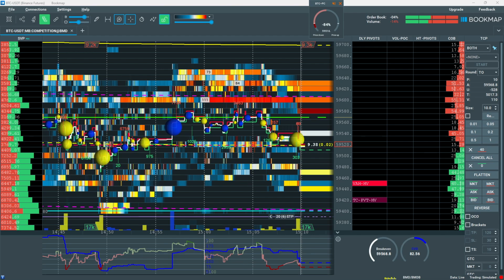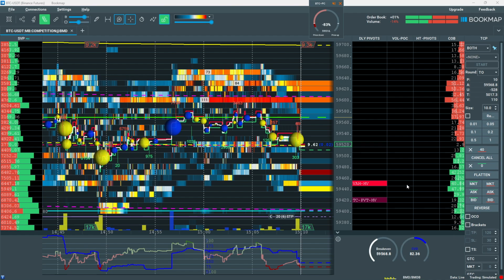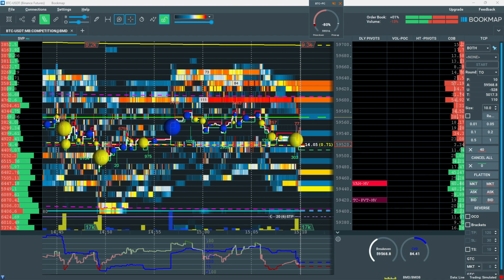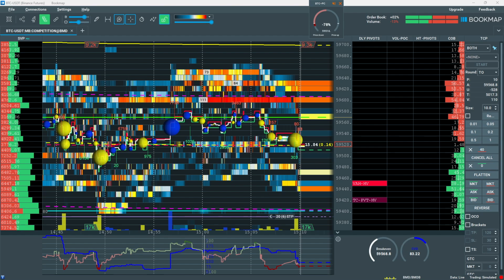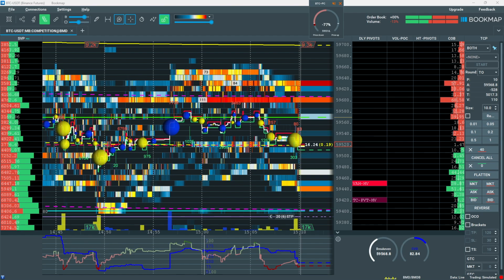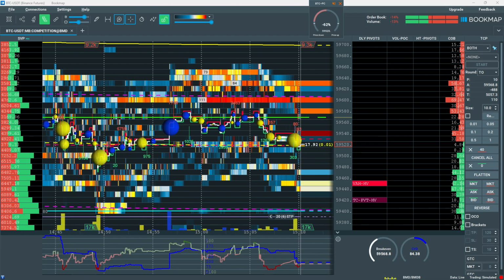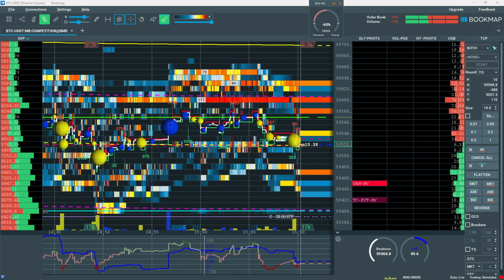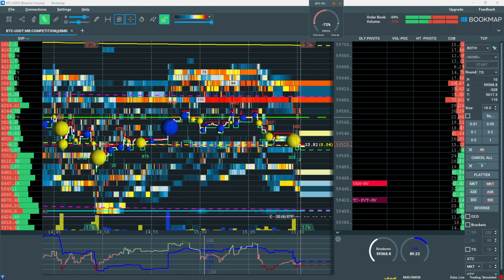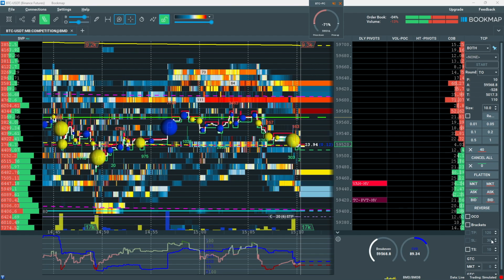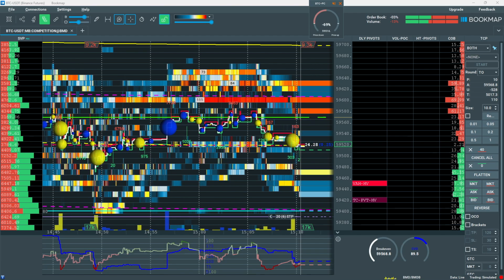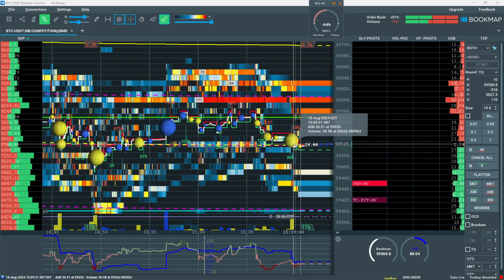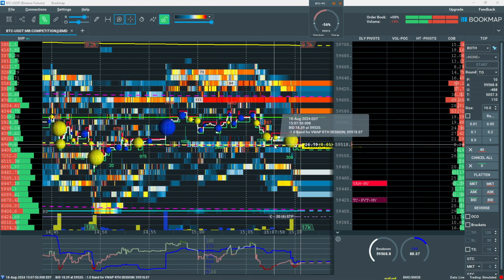And let me try the beat from before. Alright, so it's looking like we're trying to break down -1 VWAP.